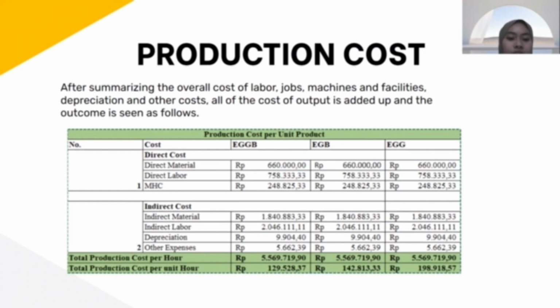The total production cost per unit per hour for AGGB is 129 rupiah, for AGB 142 rupiah, and for AGG 198 rupiah.